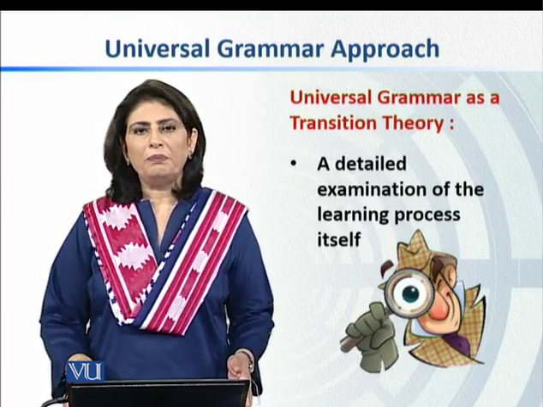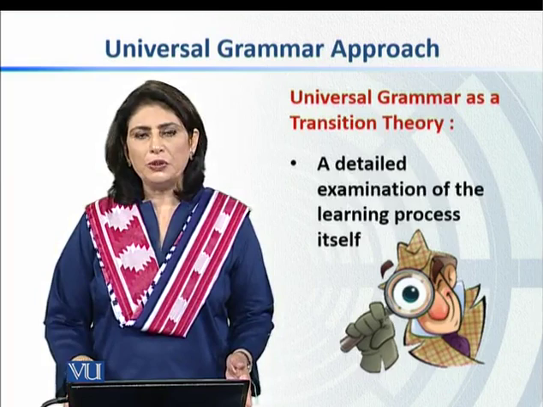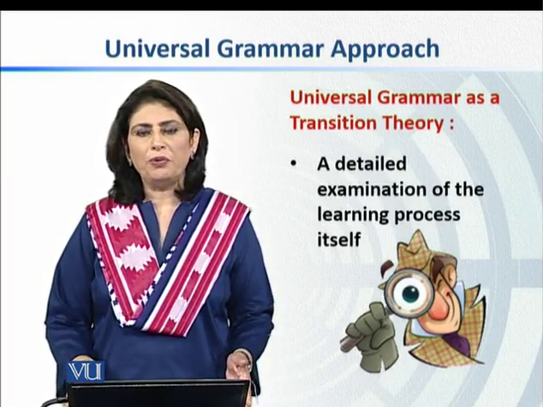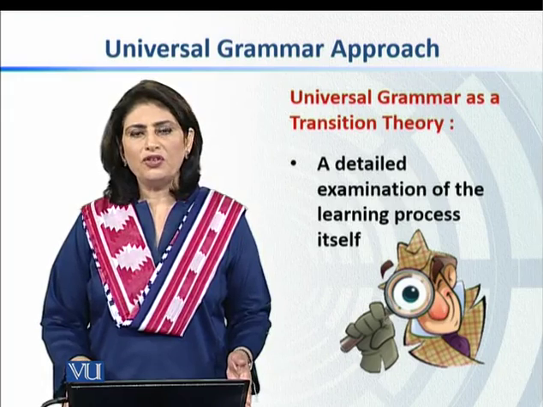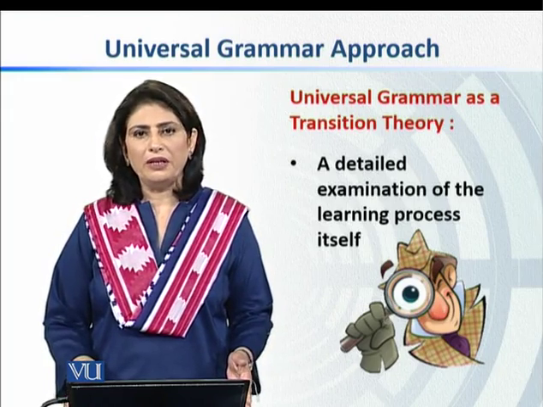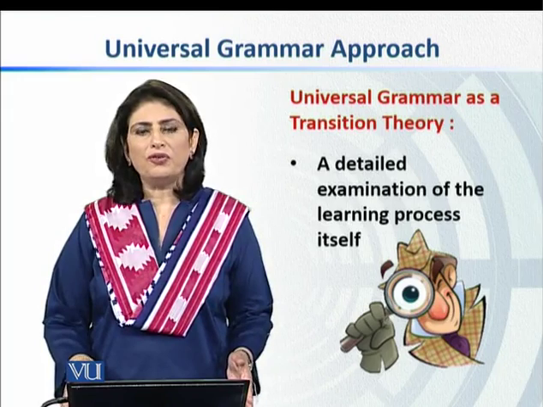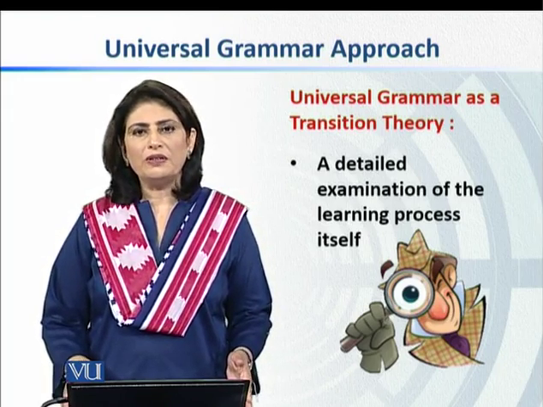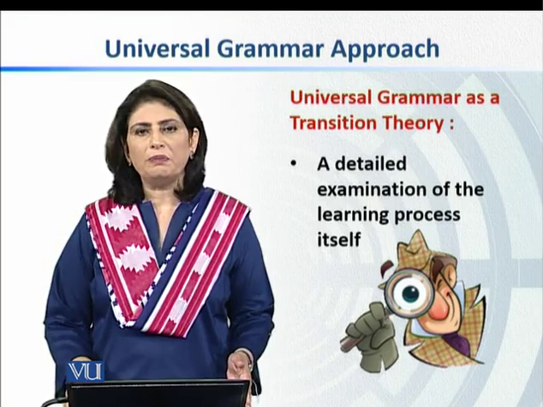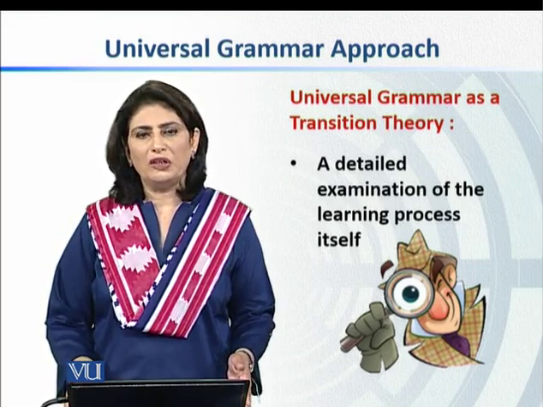Universal grammar, apart from being a property theory interested in the language-based knowledge the learners have in their mind, is also a transition theory. A transition theory is a theory that describes the process of language learning.